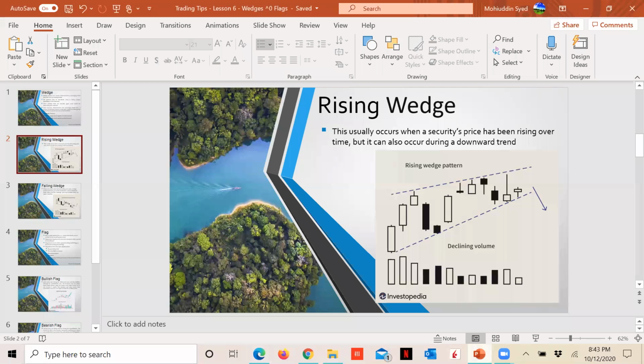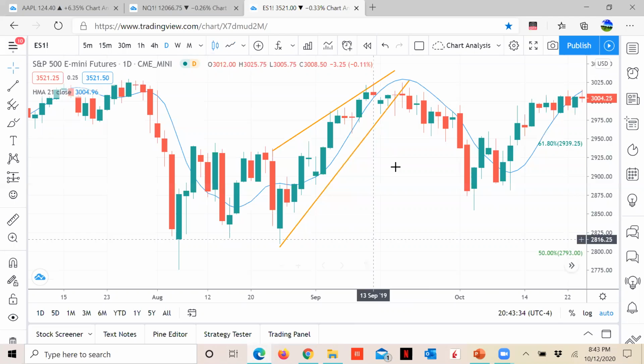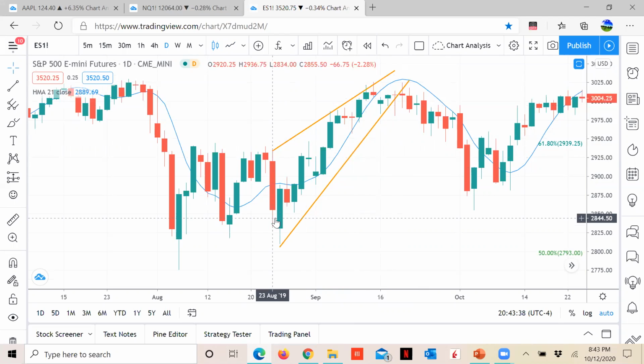That's exactly what a rising wedge is. A rising wedge is not a bullish pattern, it's a bearish pattern. You see that rising wedge: converging trend lines, decreasing volume, and it breaks down. It's a bearish trend.